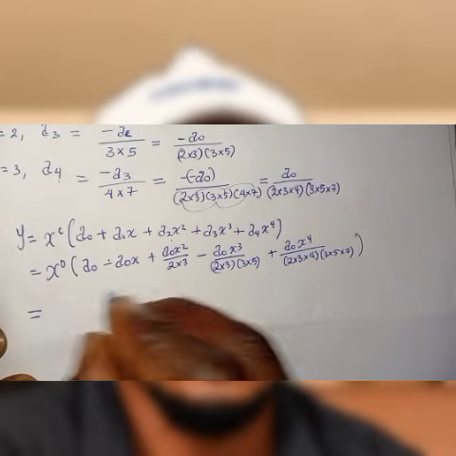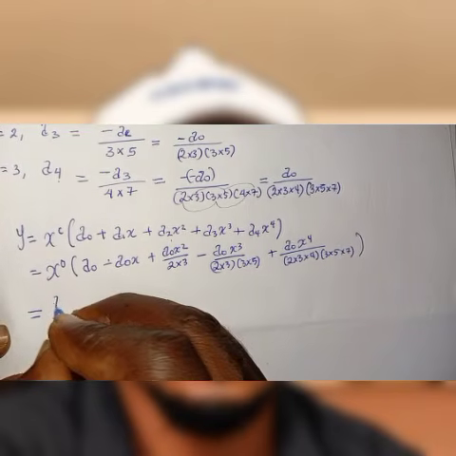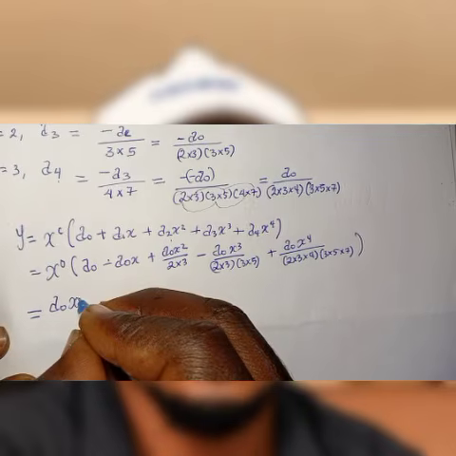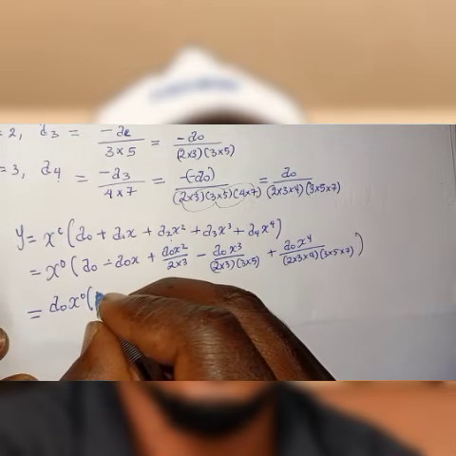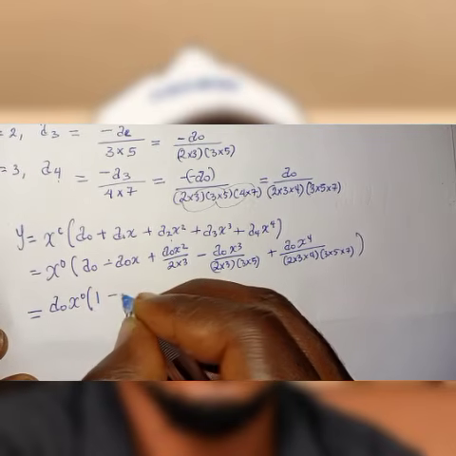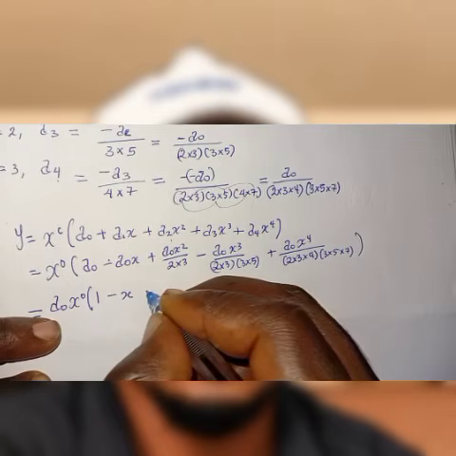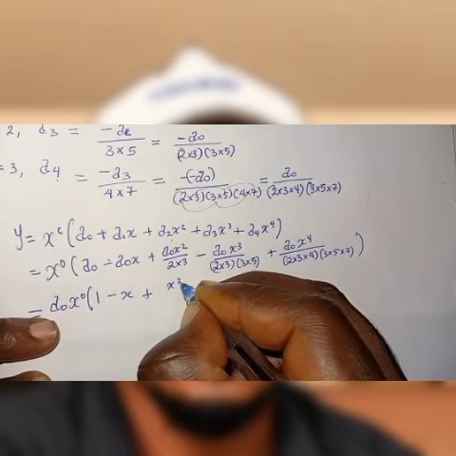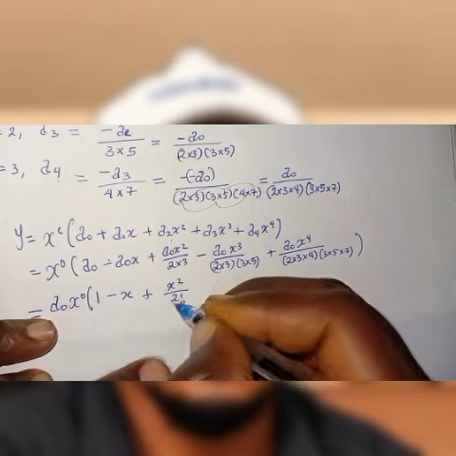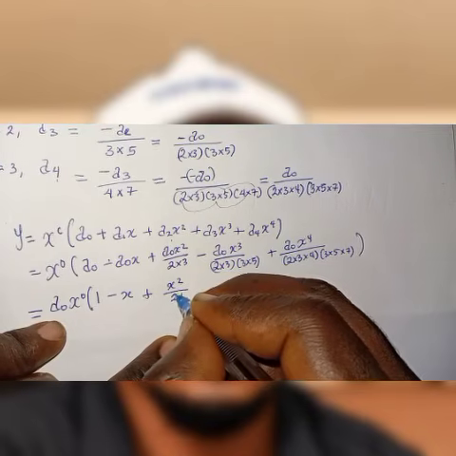Now we can see that a naught is common. So let's factorize a naught. So we're going to have 1 here minus x plus x squared over 2 factorial. 2 times 3. Oh, sorry, that's 3 factorial.